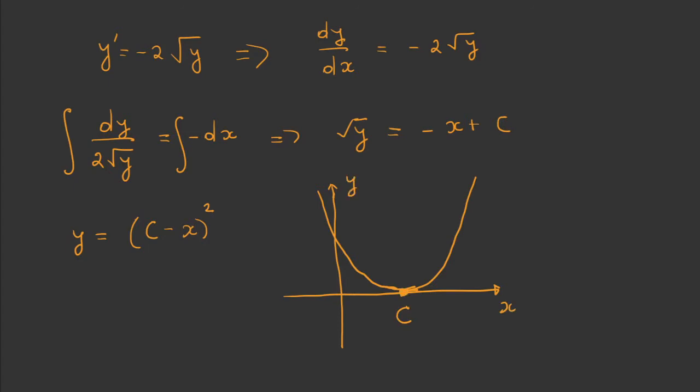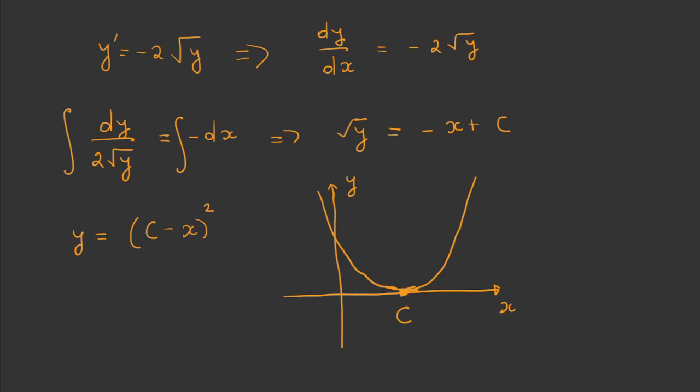But here's an interesting question. Remember that we observed earlier, before we even started looking for the solutions, that the solution curves cannot go upward. And there's a segment of this parabola that is going upward. So there's something fishy going on here.